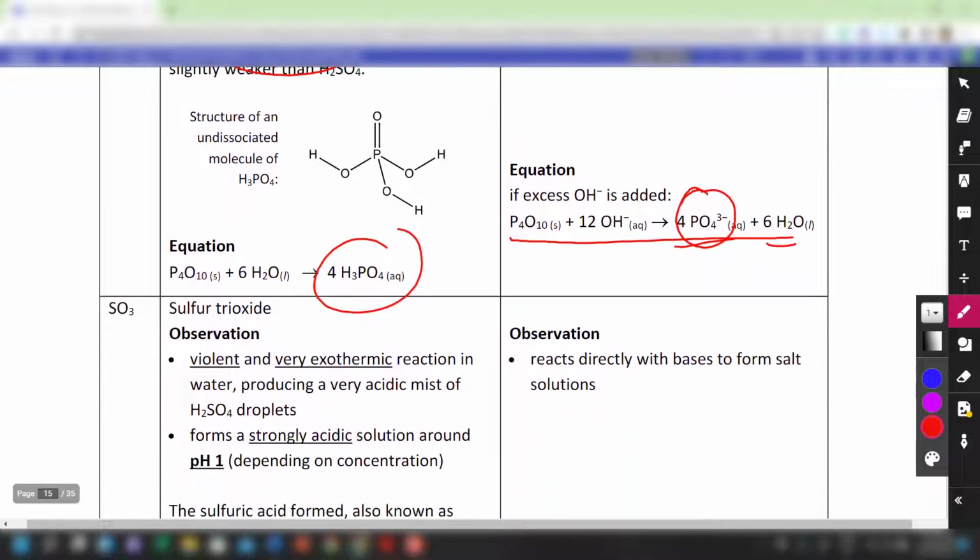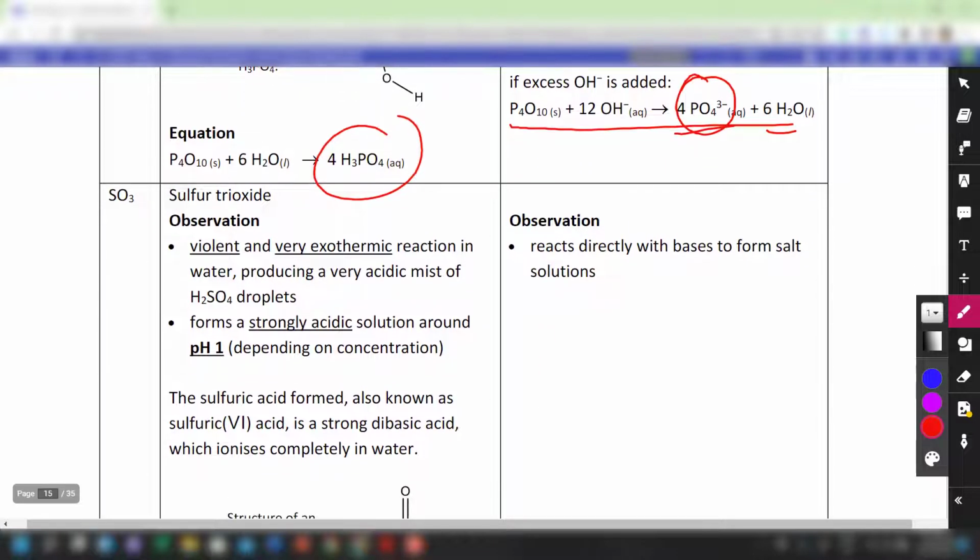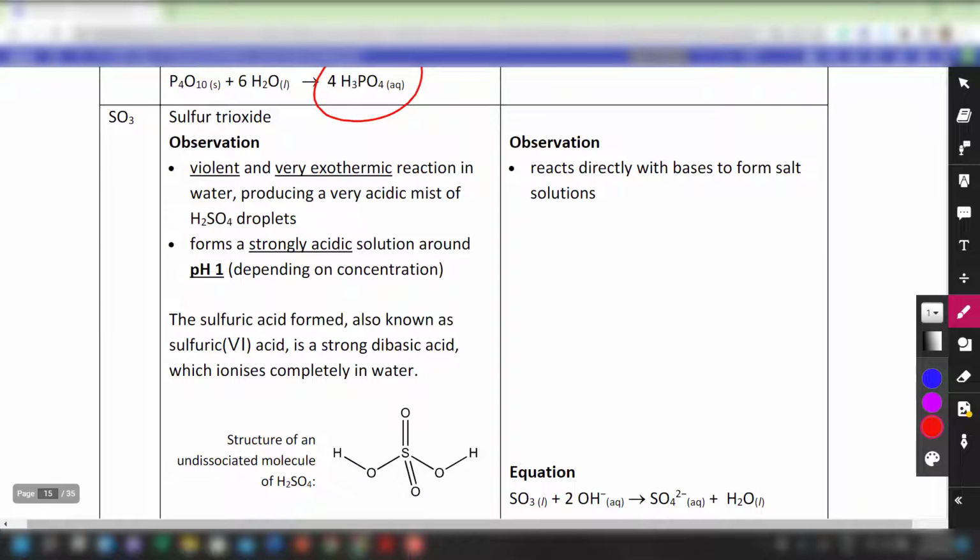For sulfur trioxide, it's very weird that the current syllabus talks about it, because in most cases we don't get to observe the presence of sulfur trioxide due to its high reactivity. It has a highly electron deficient sulfur center, which makes it highly susceptible to hydrolysis.